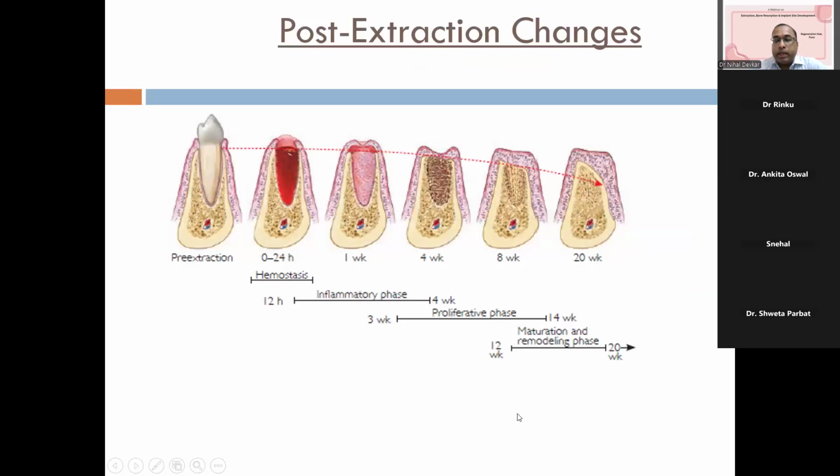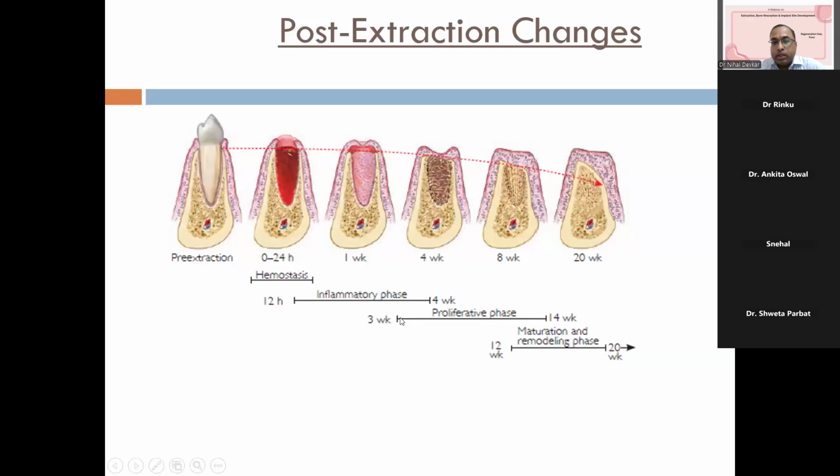We are aware of what happens post-extraction. Once the tooth is extracted, there is immediately hemostasis and the clot fills up. The hemostasis is due to the presence of platelets, WBCs, and RBCs all together. Then within a few weeks, the inflammatory phase starts, where neutrophils and macrophages come into the picture, and there is formation of granulation tissue.